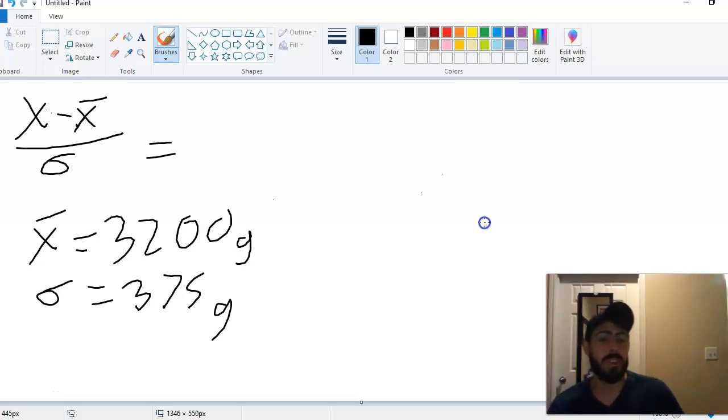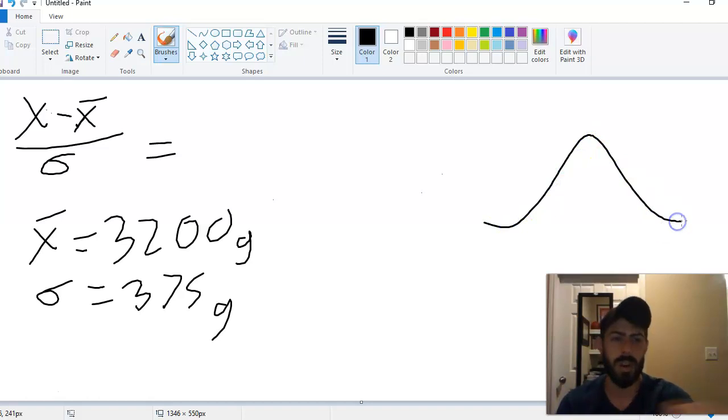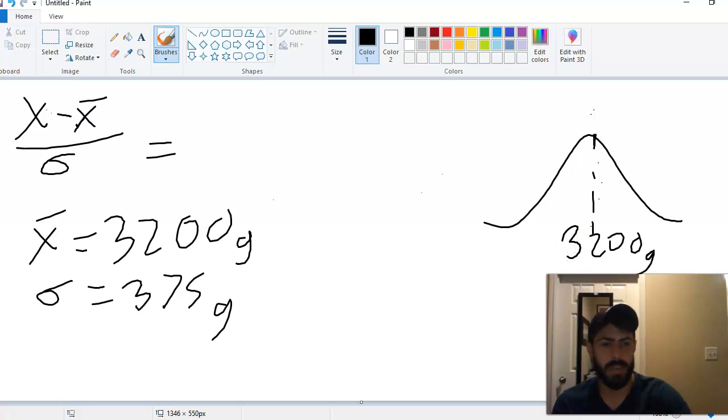Now, the way I want you to picture this, and I want you to get in a habit of doing this as well, is anytime it's talking about a normal distribution, which in this case it is, draw a normal curve, just like that. Imagine where the mean is. This is my attempt at a dotted line on this. And you go ahead and label it, right?